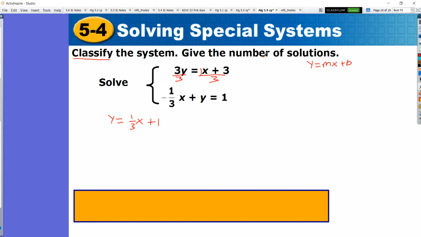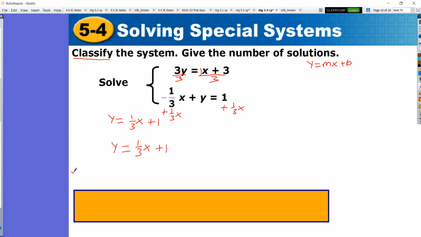There's my first one in slope-intercept form. Now I'm going to take a look at my second one. I just have to move my negative 1/3 x over to the other side, and I will have y by itself. So plus 1/3 x on this side, and I get y equals positive 1/3 x plus 1.